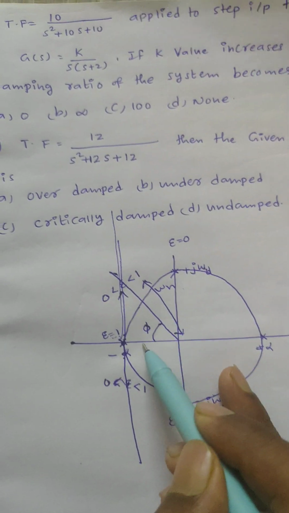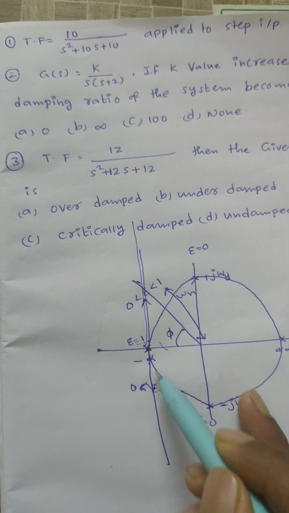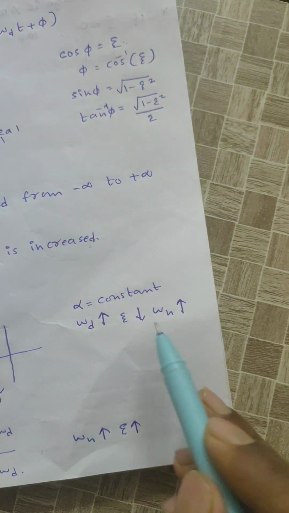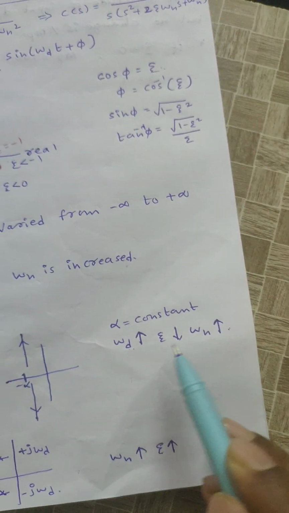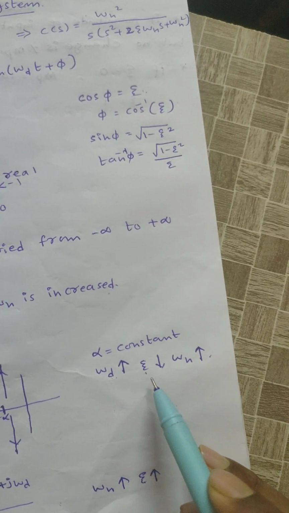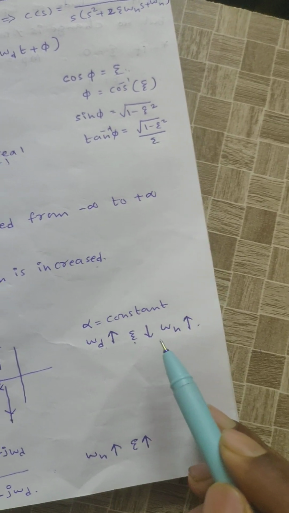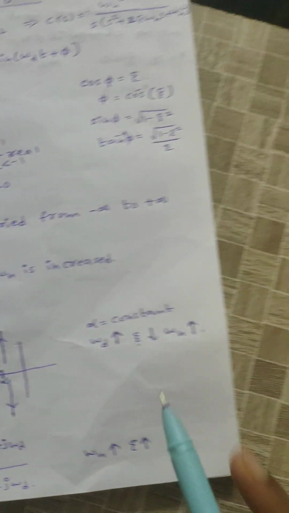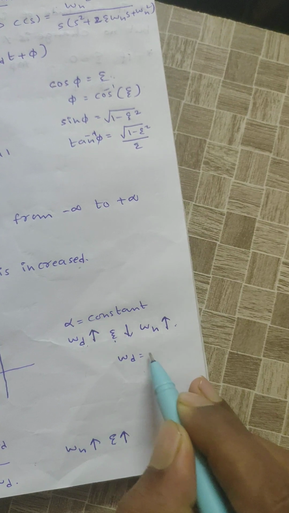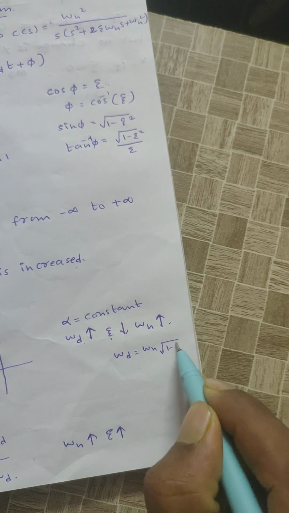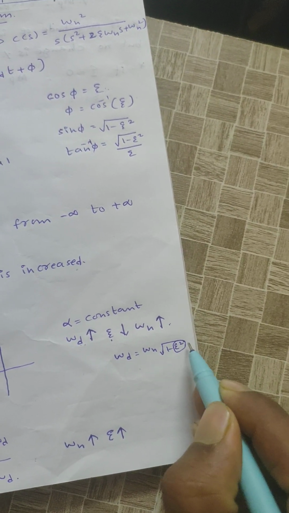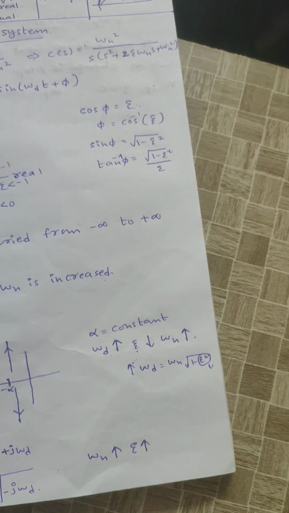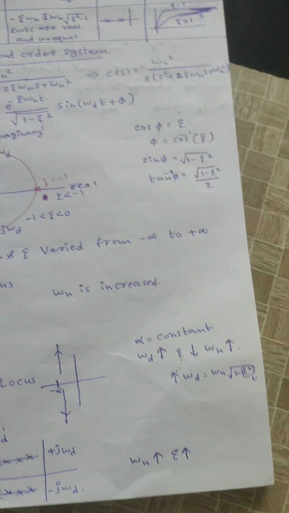When alpha is constant and omega d increases, indirectly omega n increases but the zeta value reduces. Why does zeta reduce? We already know that omega d is equal to omega n into under root 1 minus zeta square. Only when this value is low does omega d increase. That means when omega d is high, zeta should be less. Remember it in this way.